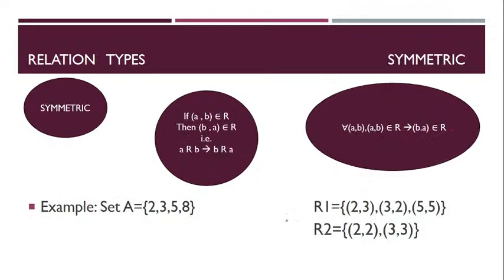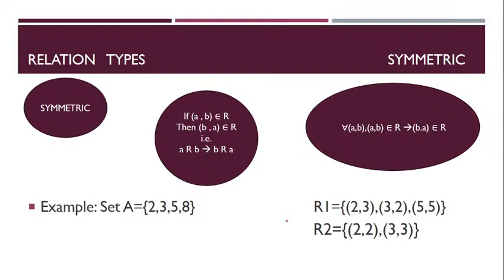Next, symmetric. In case of symmetric, from the name itself, try to identify the property, that will always help. Symmetric: something AB, then the symmetric is saying BA.